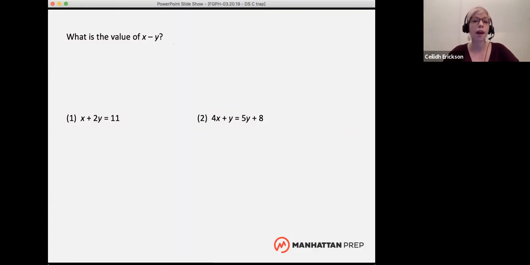I'll tell you guys, I had a lot of responses here for C, using the two statements together. And hey, using the two statements together, well, here we have an x and a y, and we know the rule that we were taught back in high school: if we have two variables, we need two equations to be able to solve, right?